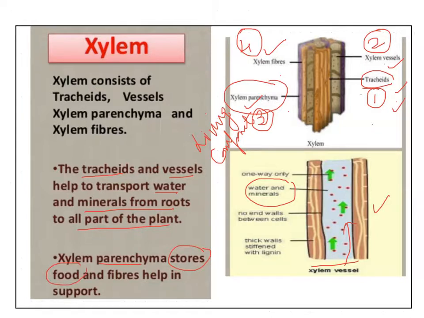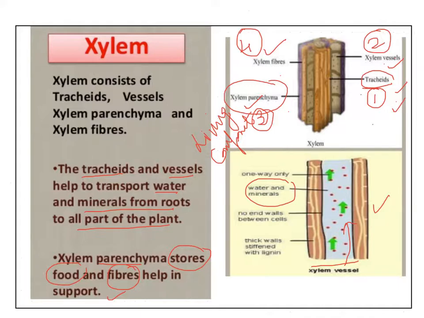Xylem parenchyma stores food, okay. And fibers give support to the xylem vessels and tracheids. They make the conducting system strong so that it does not fall off, right. So what is the function of fibers? Fibers give support to the conducting system. And which component stores food? Xylem parenchyma stores food. And what are the different parts of the xylem?